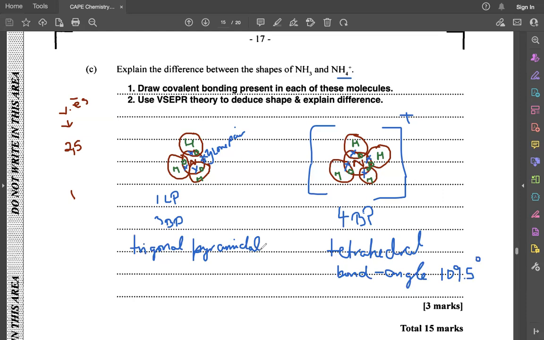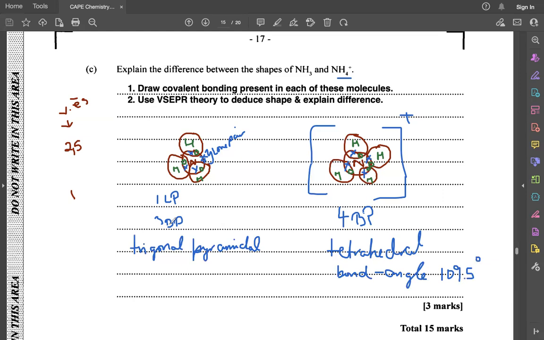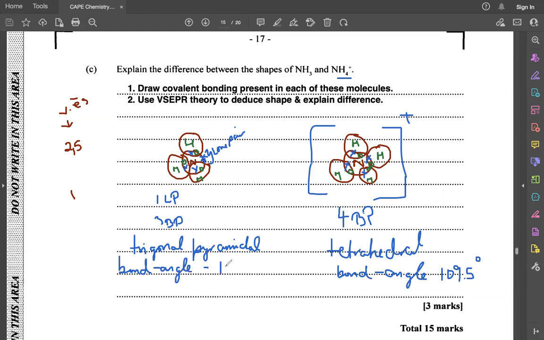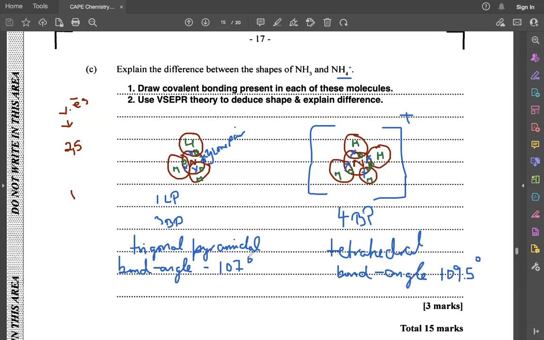The bond angle of a trigonal pyramidal structure is around 107, right? So that's the bond angle we're going to see where we have 3 bonded pairs and 1 lone pair. So our bond angle for trigonal pyramidal is going to be 107 degrees, right?